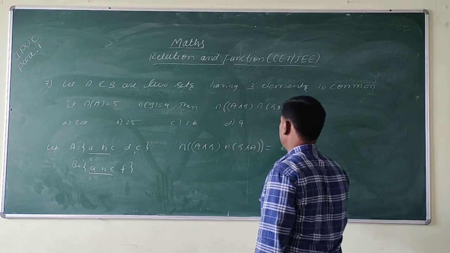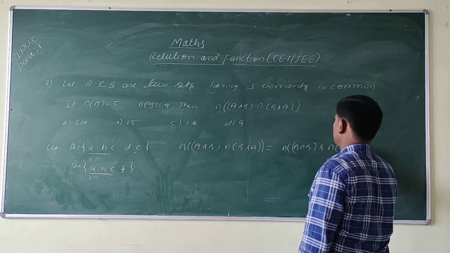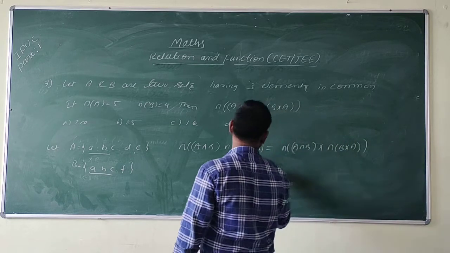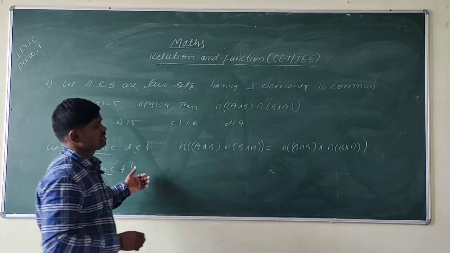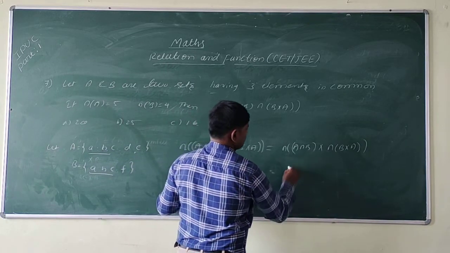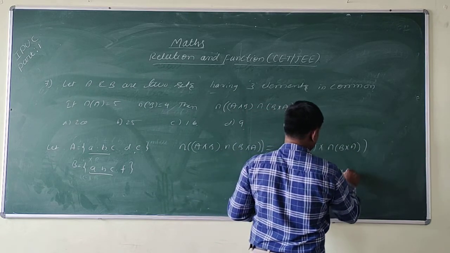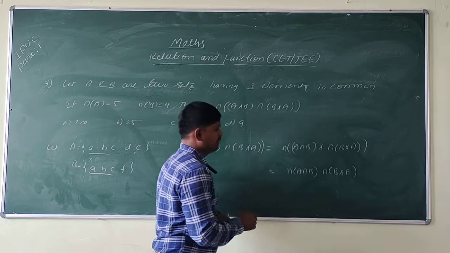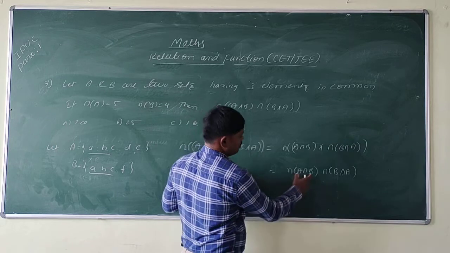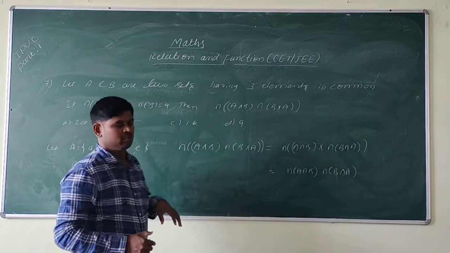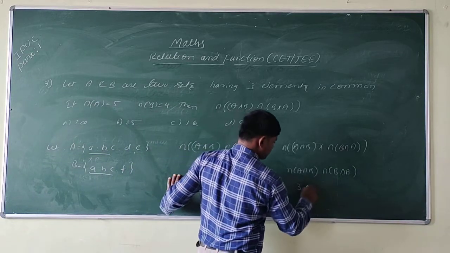So n of A intersection B is 3 elements, and n of B intersection A is also 3 elements.